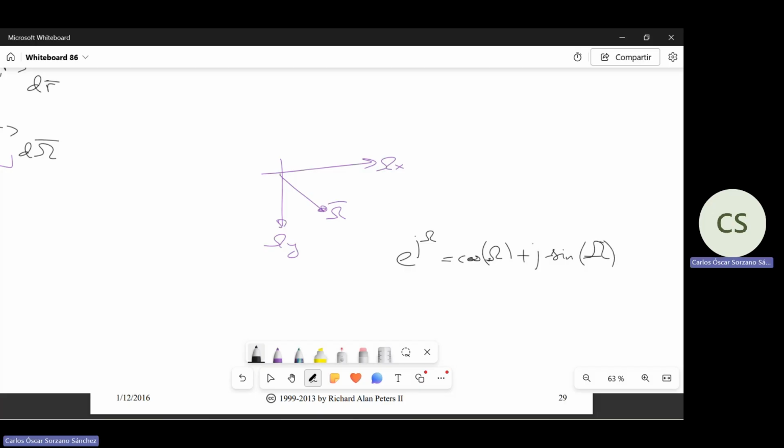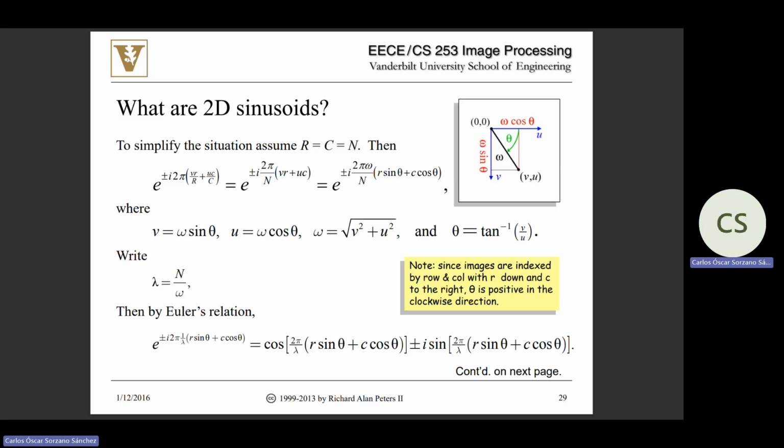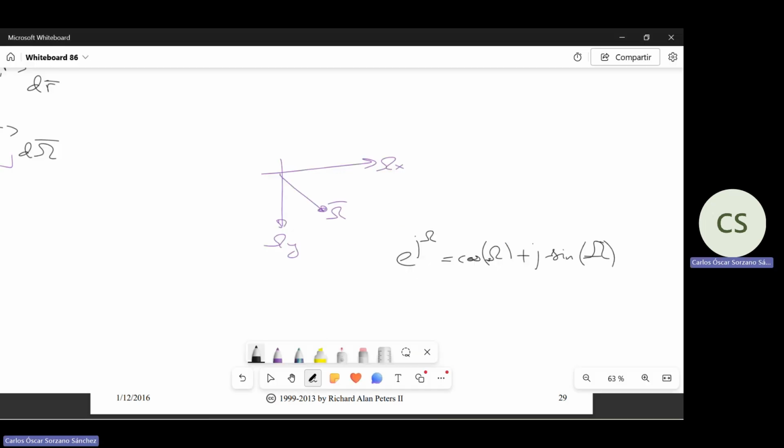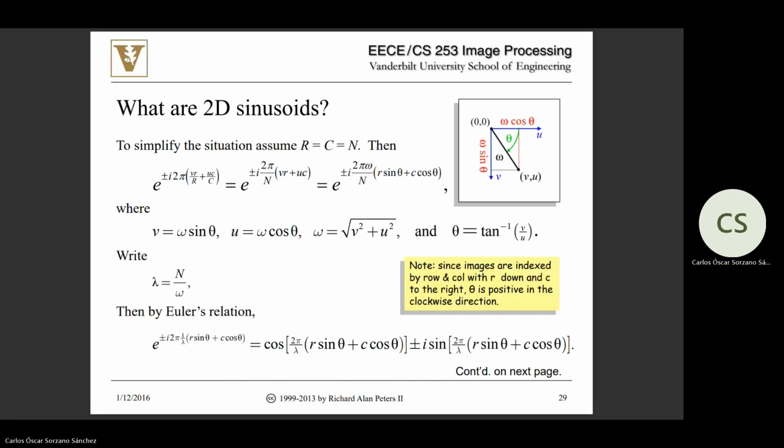So if we have e to the j of something, it will be the cosine of that something plus j times the sine of that something.